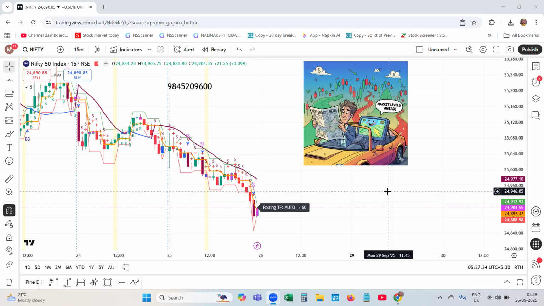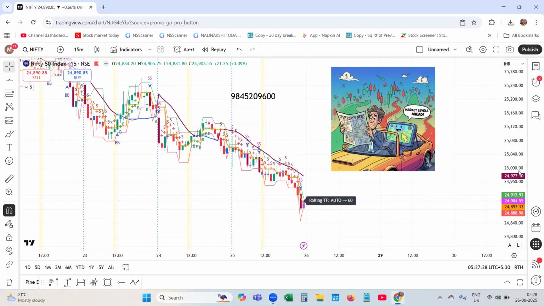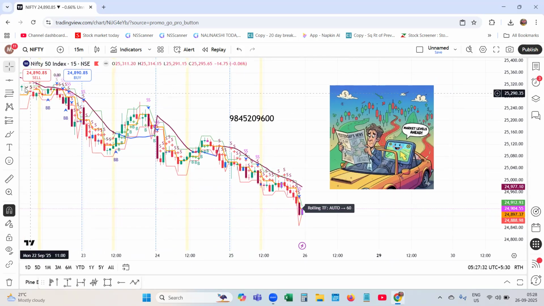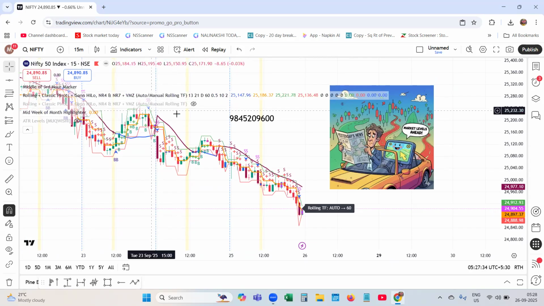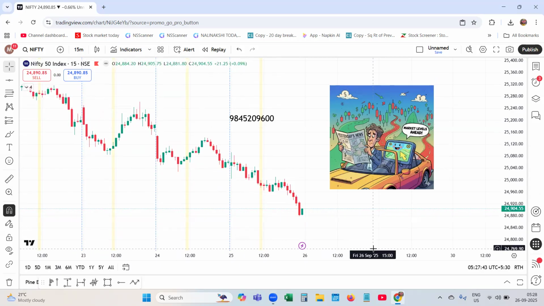For your sake, I'll disable it. First, you should understand what the trend of the market is. Let me hide this indicator. Okay, I've hidden it.